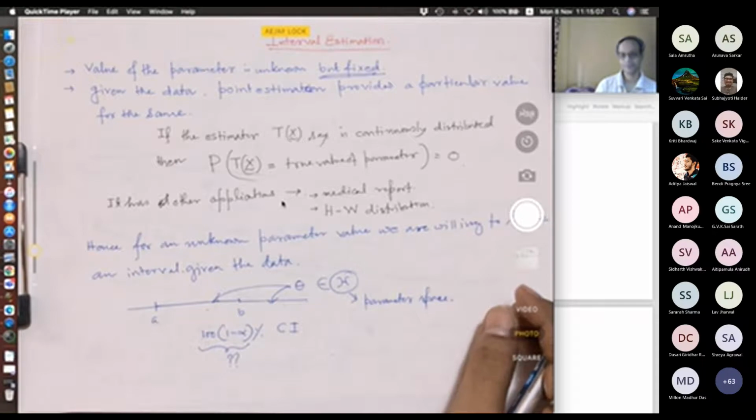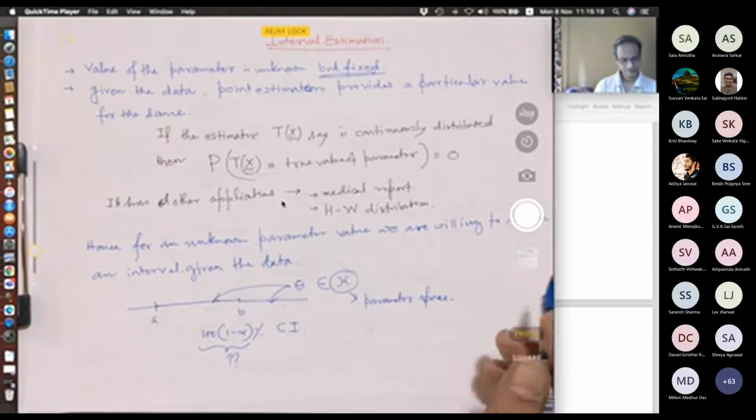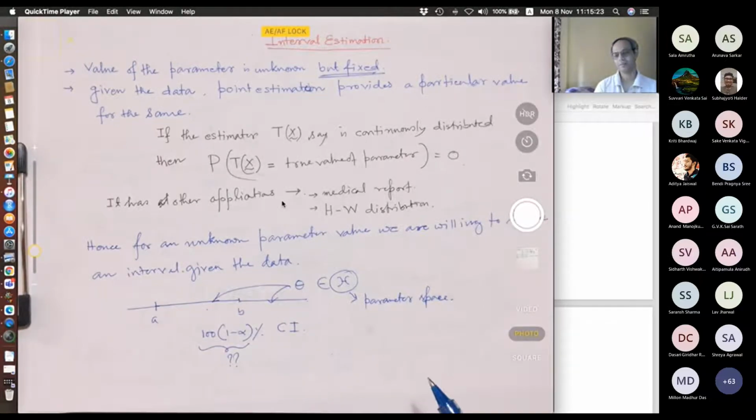If theta is fixed, then what can be variable? A and B. A and B, yes, correct. So the interval is a random interval here. Keep it in mind.